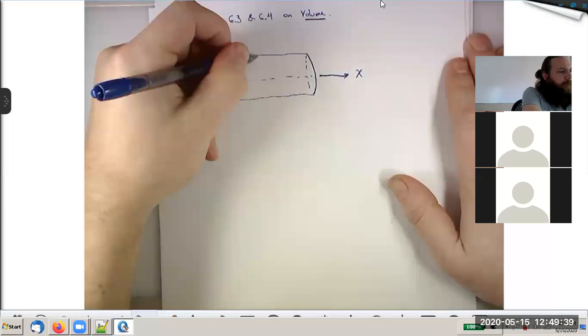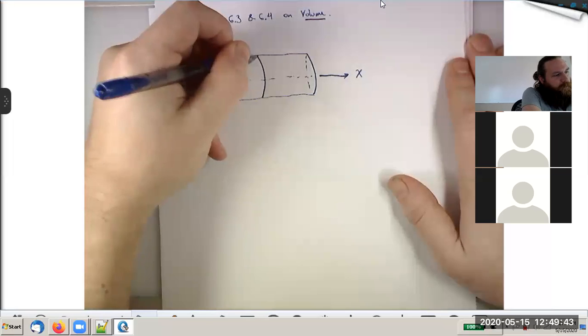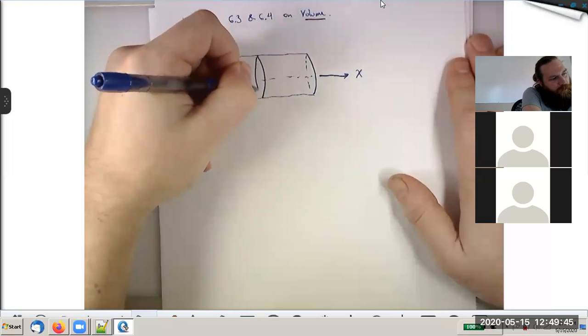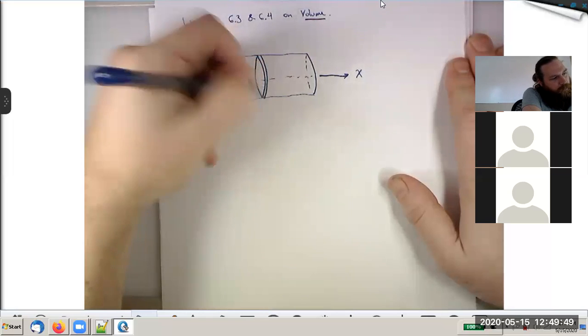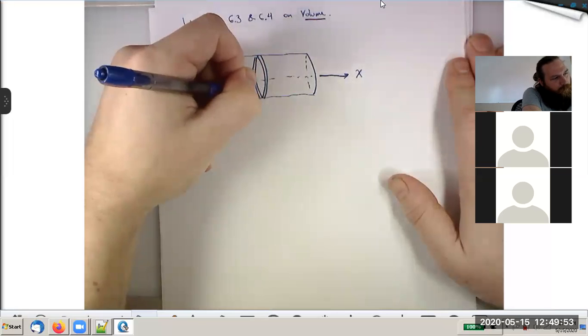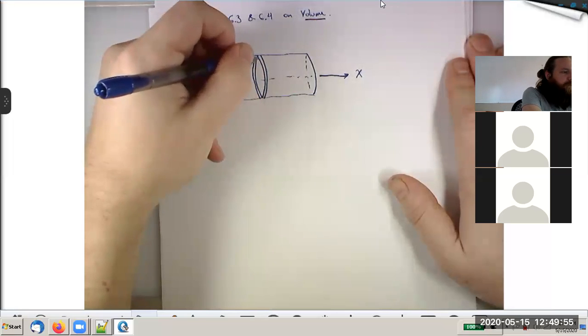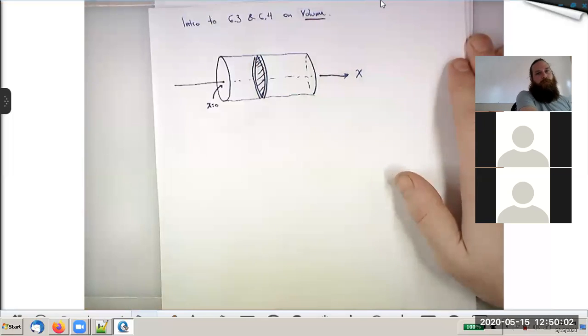Imagine looking some distance down the cylinder and taking a little slice. And this slice has an area.